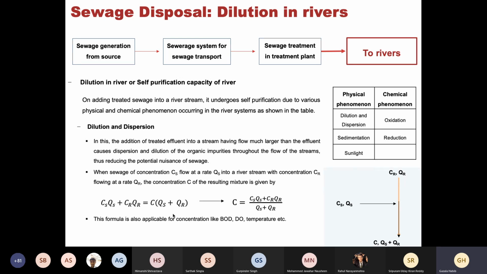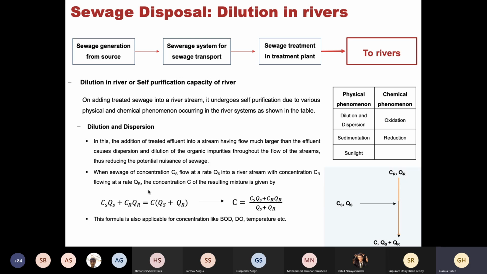The addition of treated sewage into a river having flow much larger than the effluent causes dispersion and dilution of organic impurities throughout the flow of the stream, thus reducing the potential nuisance of the sewage.